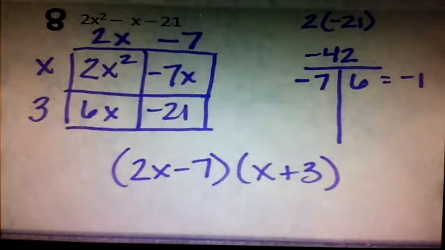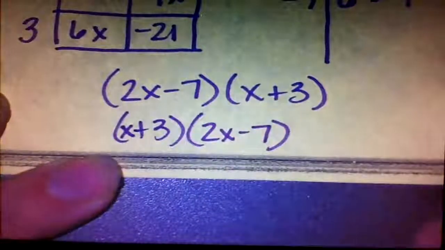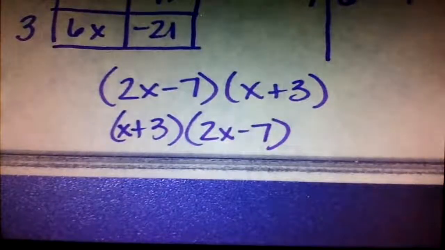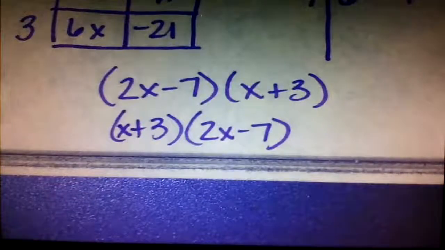You didn't tell me to put my two up there. It's still the same thing, Xavier. If you wrote your answer and it looks like this, x plus 3 and 2x minus 7, that is still correct.